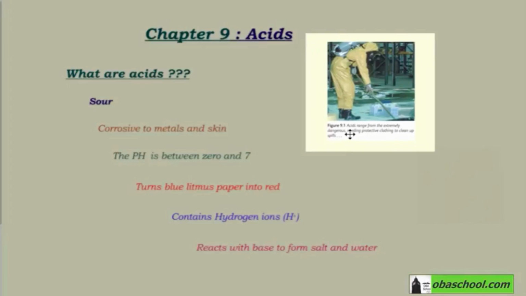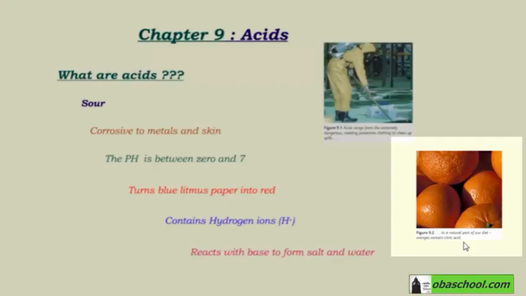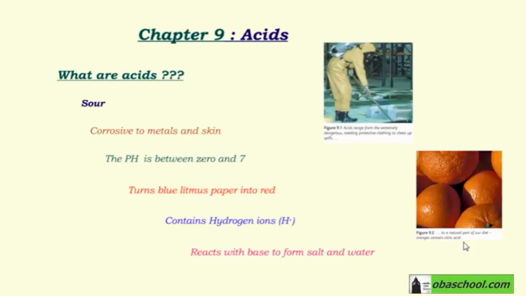As you can see, he's cleaning a very harmful acid, so he's wearing this special type of clothing to protect his skin. We have another type of acid. A natural part of our diet, oranges contain citric acid, but this type of acid is not harmful because it's not very strong.